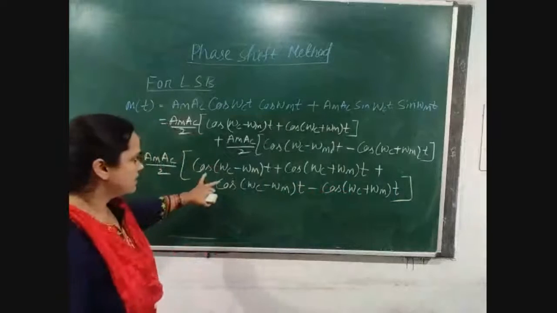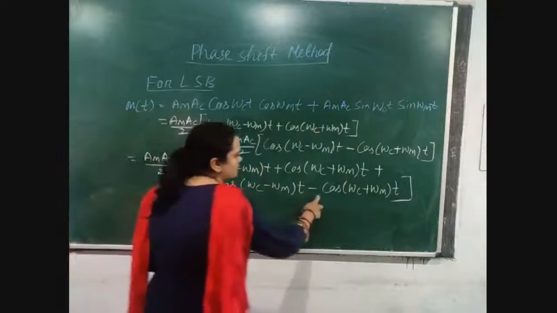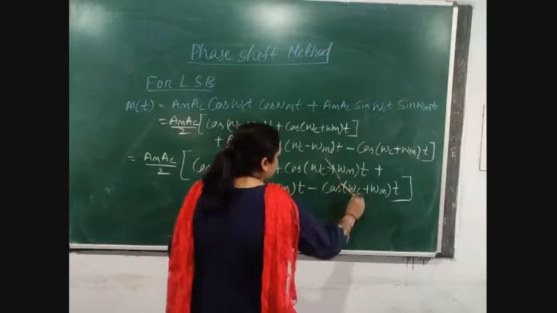Here, plus cos(ωc + ωm)t and minus cos(ωc + ωm)t cancel out.